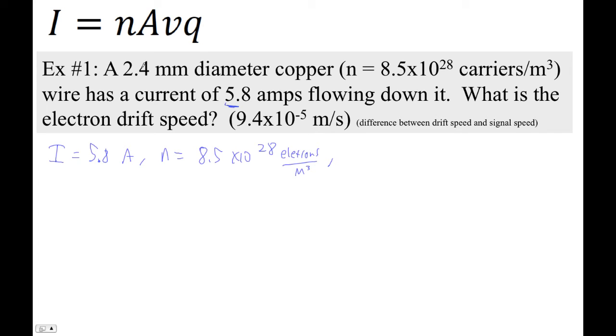And then the diameter, we need to find the area. So the area is going to be pi times the radius squared. So I'm going to say that's 1.2 e minus 3 meters, squared. I think we're set to go. Let's just plug it in here. I is equal to n A v times q. And for q we're going to use one electron charge.